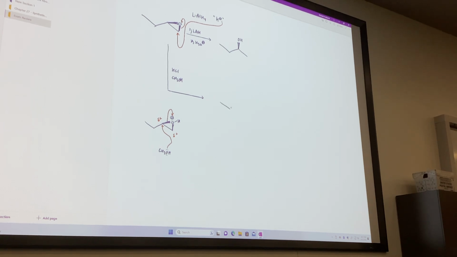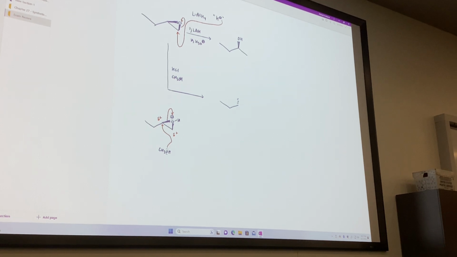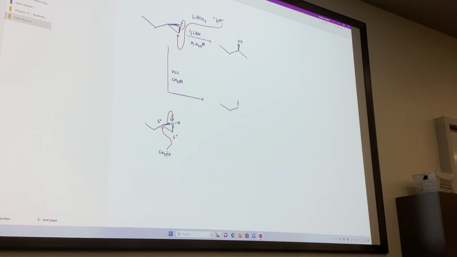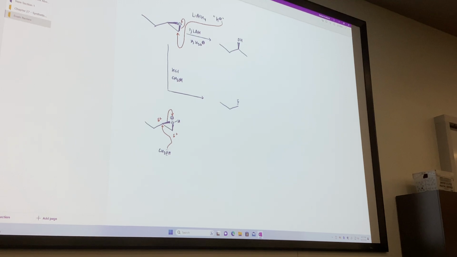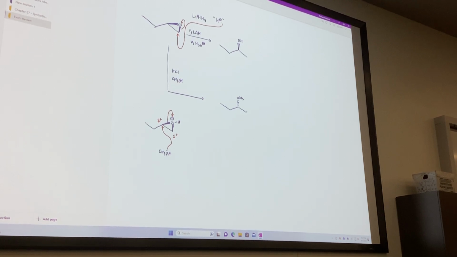And then we'll have to have a workup, right? We'd have to have a base workup, the same way we'd have an acid workup for the alkoxide formation to protonate it. But we'll end up with this.